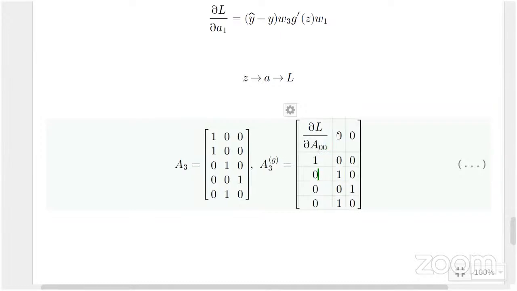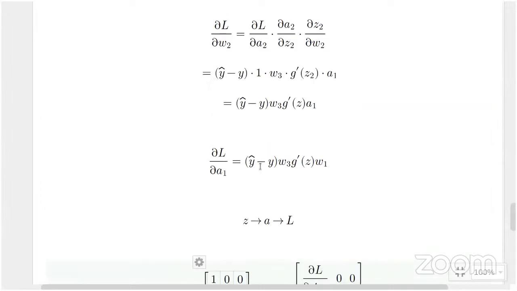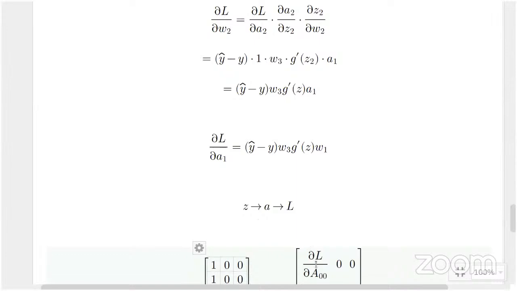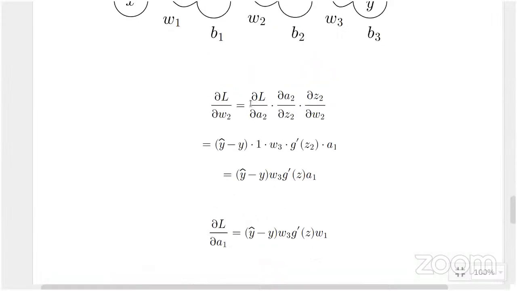Is it clear what we are doing? This is nothing but the gradient of the loss with respect to each element of this matrix. In the scalar case, this corresponds to dou L by dou A2 or dou L by dou A3.